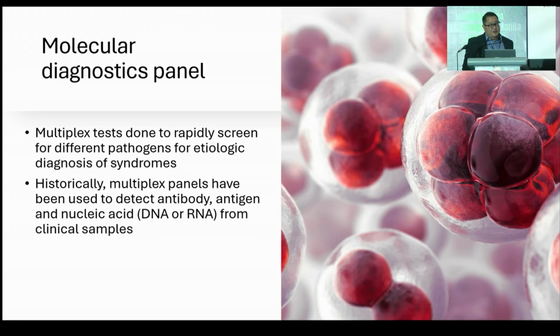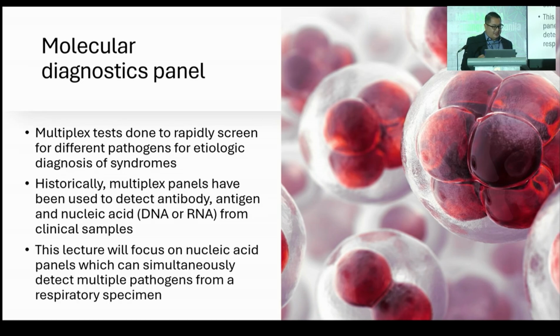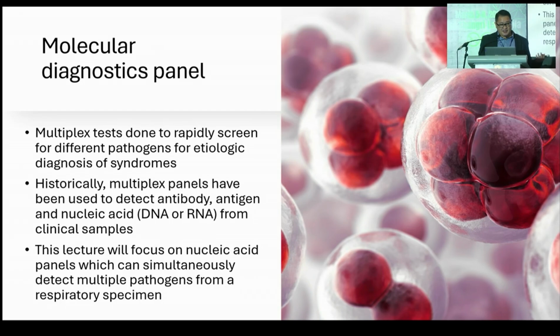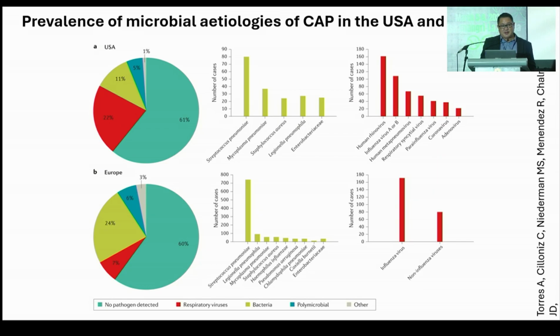It was a multiplex PCR, and there have been all sorts of panels, including antibody and antigen panels, but right now we're just really going to talk about nucleic acids, multiple pathogens from respiratory specimens. We know there's also a whole bunch of other molecular panels for blood, for even joint infection, CSF, gastrointestinal, but because this is PCCP, we'll focus on the lungs and the respiratory system.